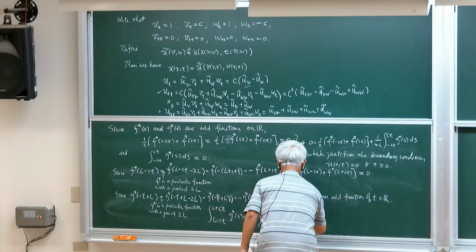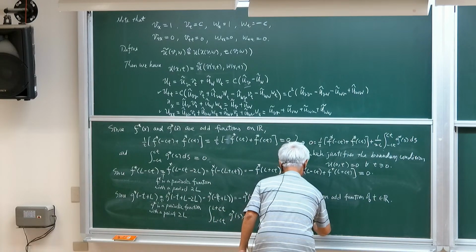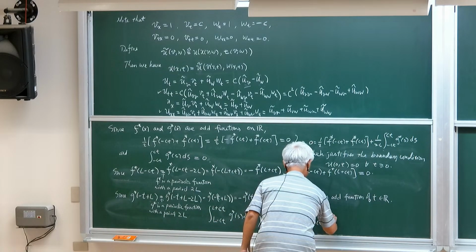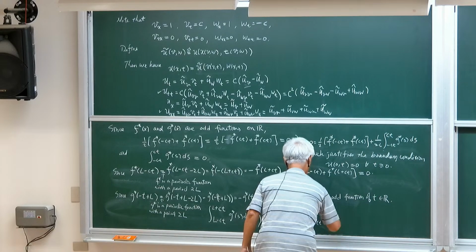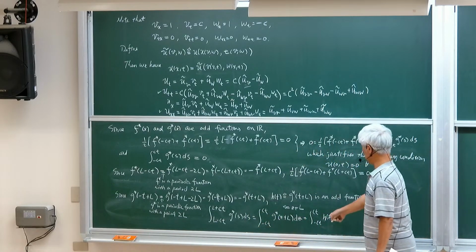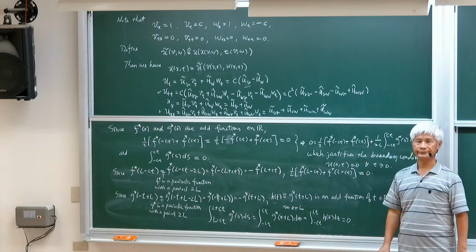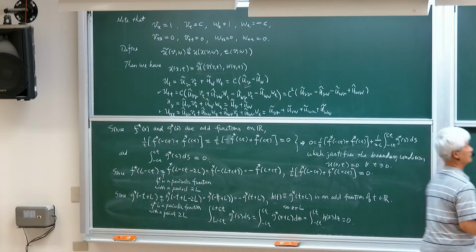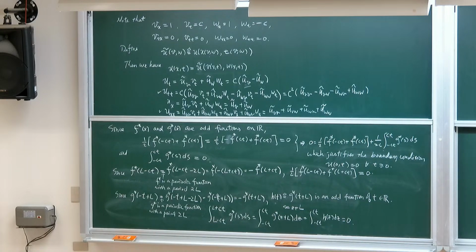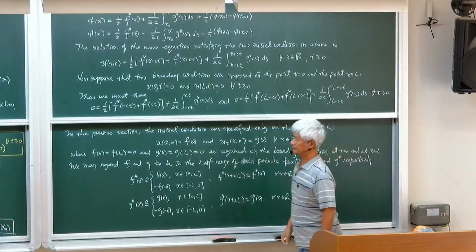Then this is equal to the integral from minus ct to ct of h of z dz. But h of z is odd, so this is 0, so that this integral is also 0.